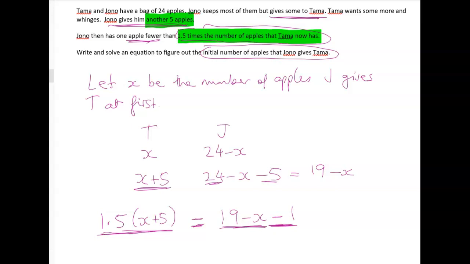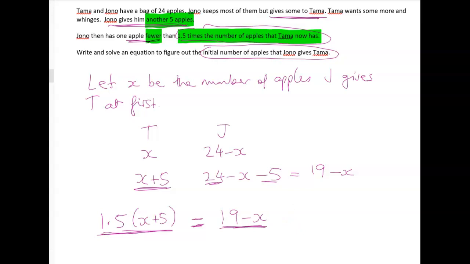So what makes this question really quite tricky, and I'm going to leave this video in here where you see that I'm figuring out that I've got this wrong, is that Jono has got 1 apple fewer than 1.5 times. So what that means I need to do is let's delete this take away 1.